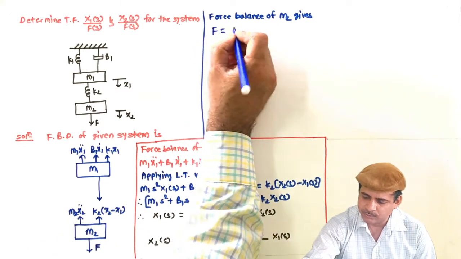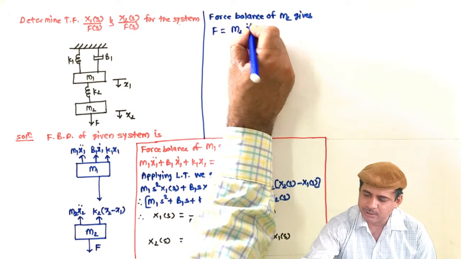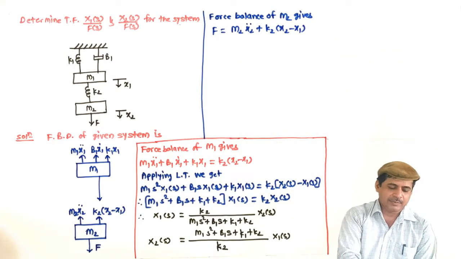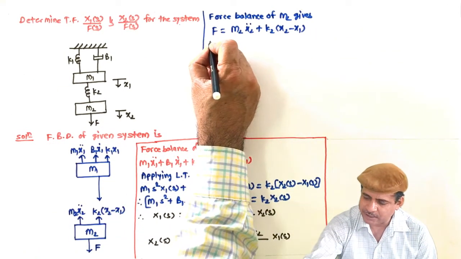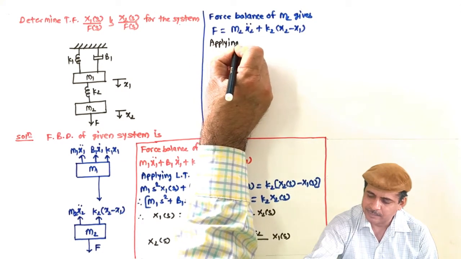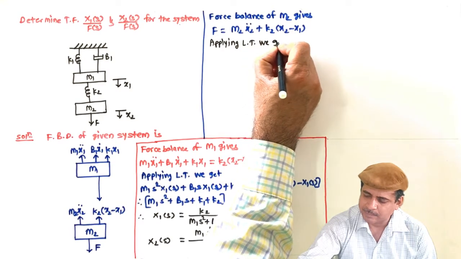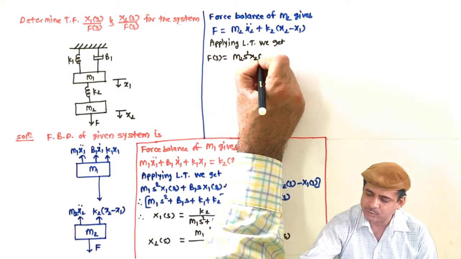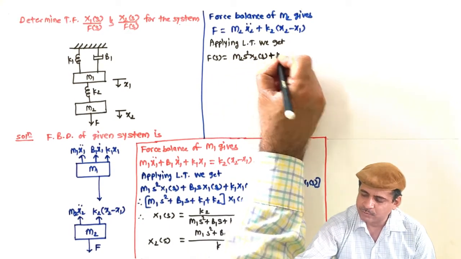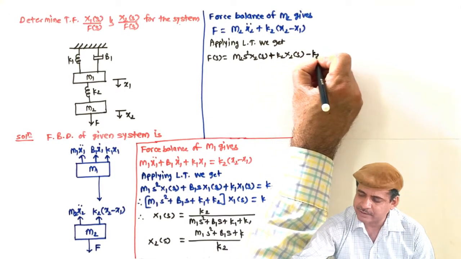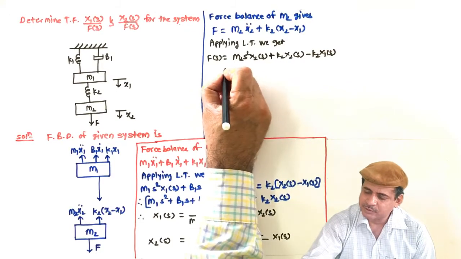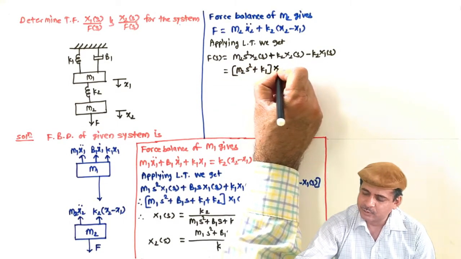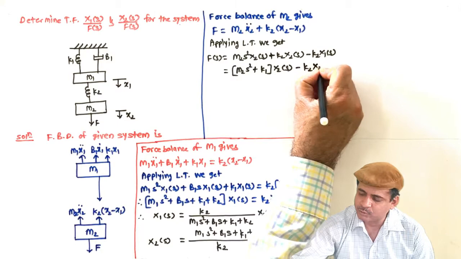So F is equal to m2 x2 double dot plus k2 into x2 minus x1, and that means applying the Laplace transform I get F of s is equal to m2 s square x2 of s plus k2 x2 of s minus k2 x1 of s, which is equal to m2 s square plus k2 into x2 of s minus k2 x1 of s.